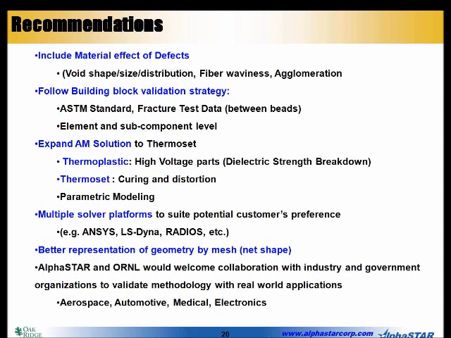There are some initial material defects that need to be included, and also for that we need some additional testing in terms of fracture tests on a structure rather than on a material.